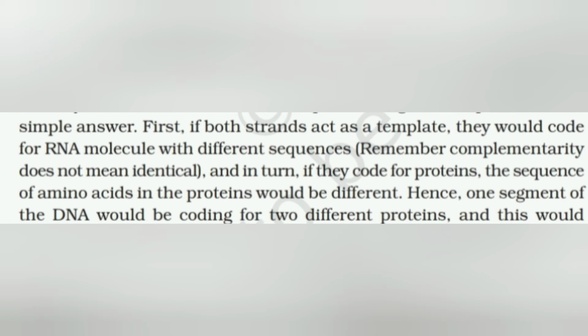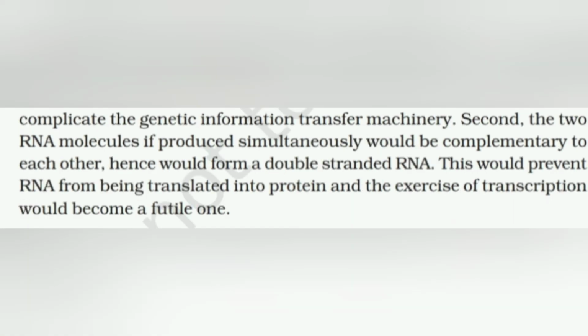First, if both strands act as template, they would code for RNA molecules with different sequences because they are complementary. And in turn, if they code for protein, the sequence of amino acids in the protein would be different. Hence, one segment of the DNA would be coding for two different proteins, and this would complicate the DNA information transfer machinery.